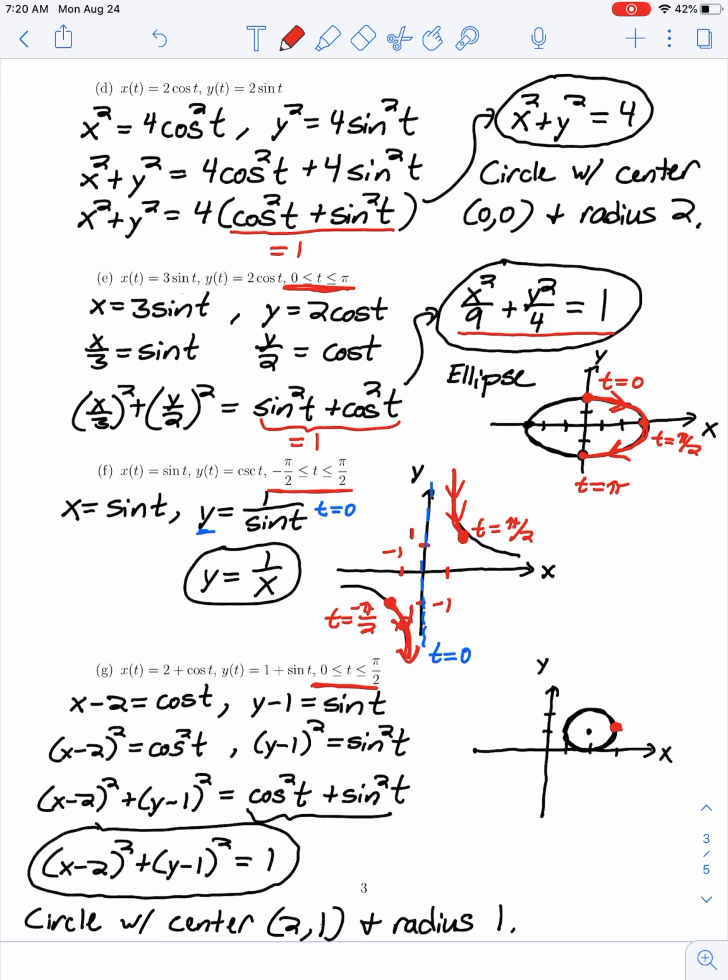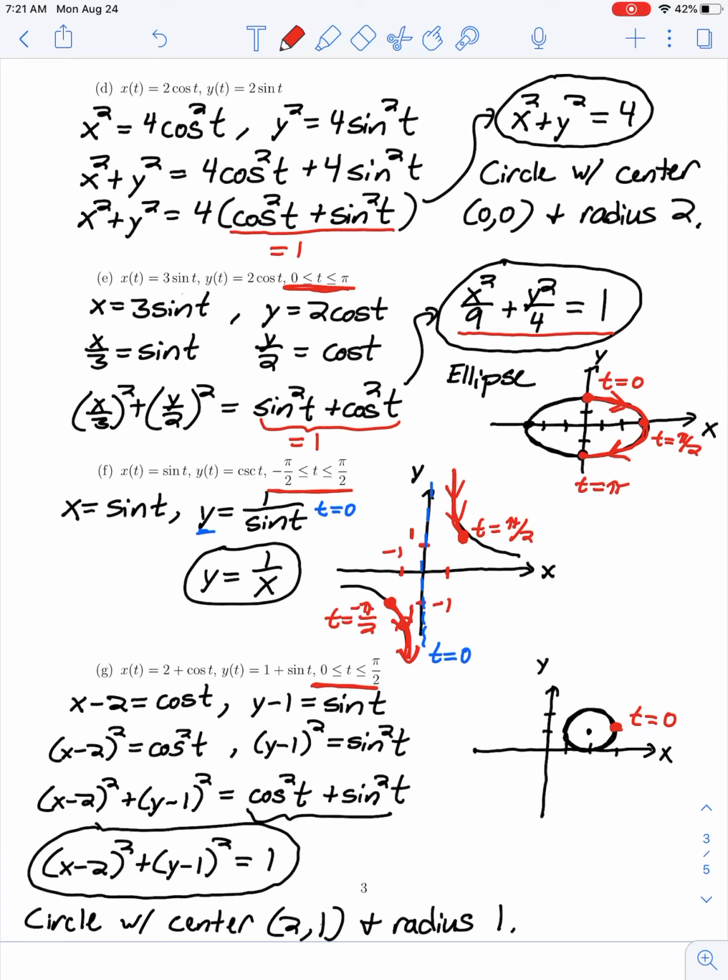So we would be at this point on our circle, 3, 1. And as t starts to increase from 0 to pi over 2, our x values will start to decrease. So we're moving from that initial point towards the left, which doesn't help us too much. We don't know if we're moving clockwise or counterclockwise around this circle just yet.